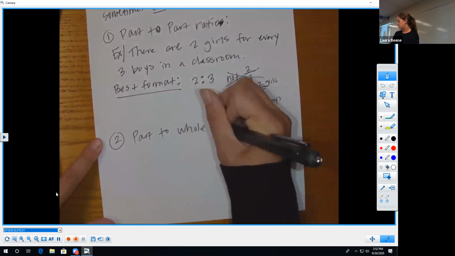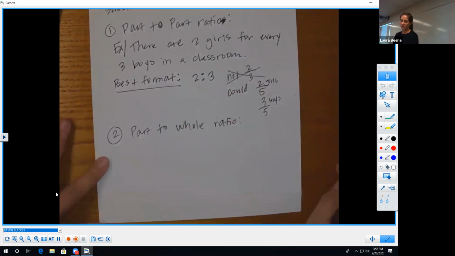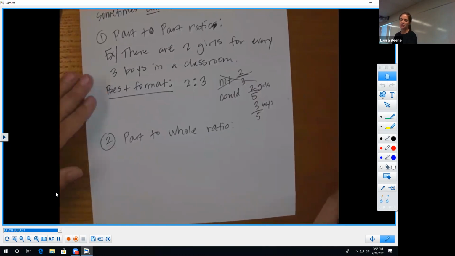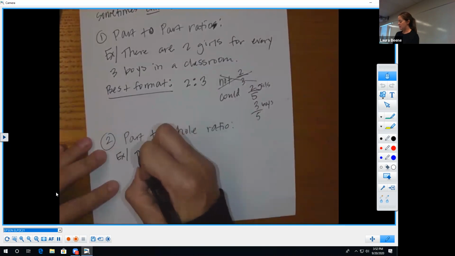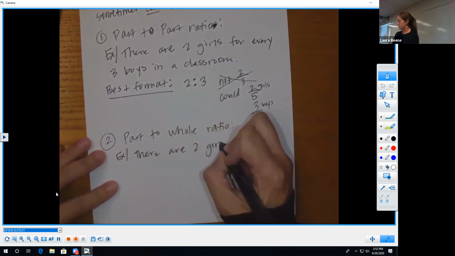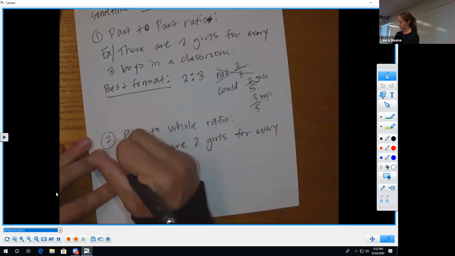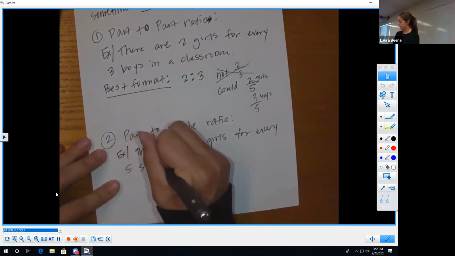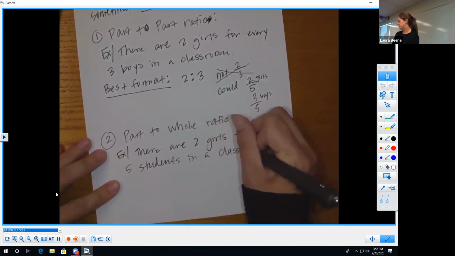The second type of ratio that we see is a part-to-whole ratio. I'm going to use the same example, but change it to a part-to-whole ratio. We kind of already wrote this, but there are 2 girls for every 5 students in a classroom.